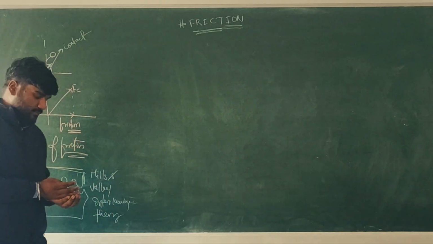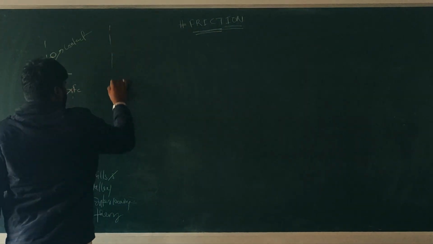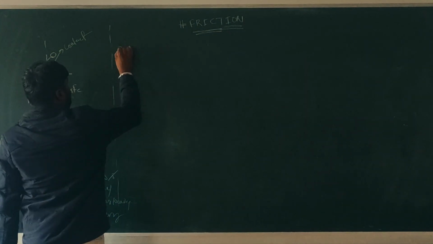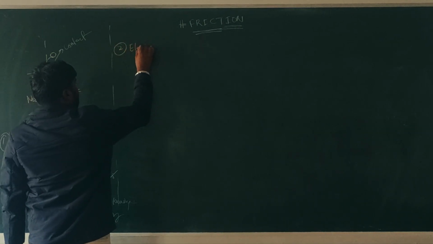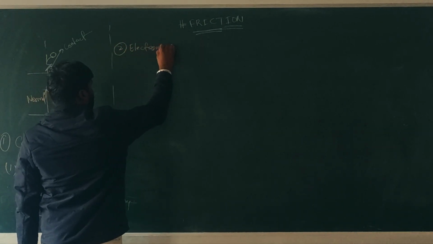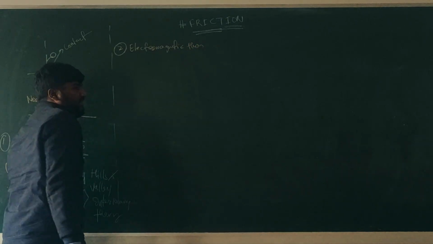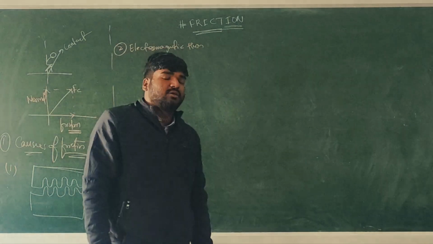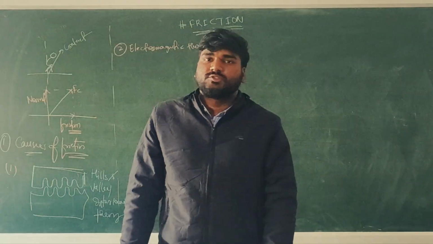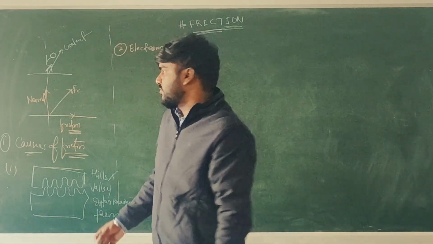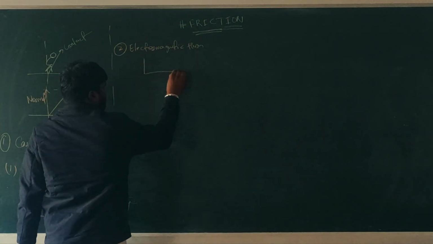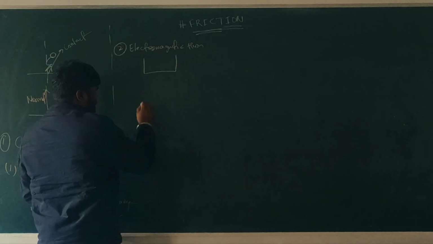But there is one more way, and that is called the electromagnetic theory. This theory says the friction happens due to the interaction between the particles. So suppose there are two different surfaces, right?